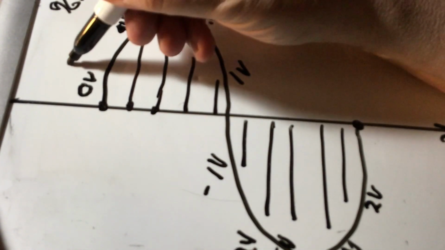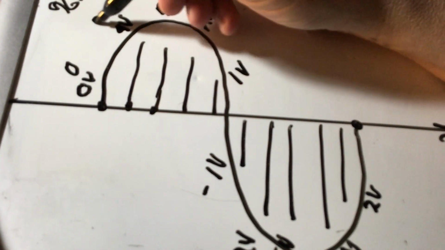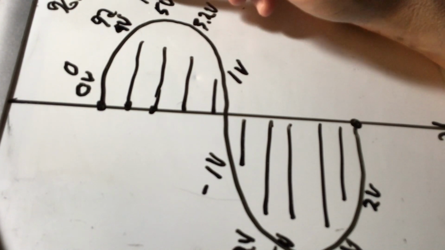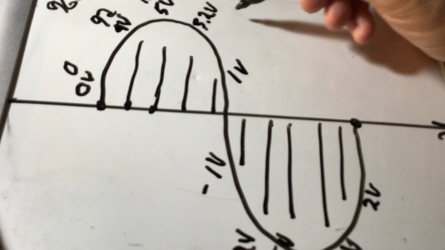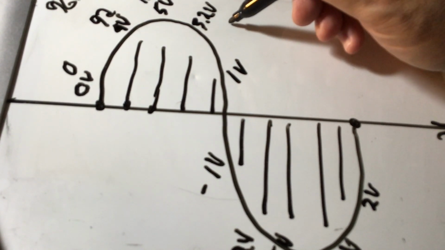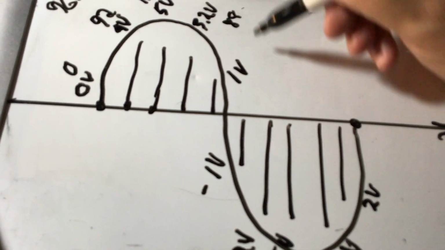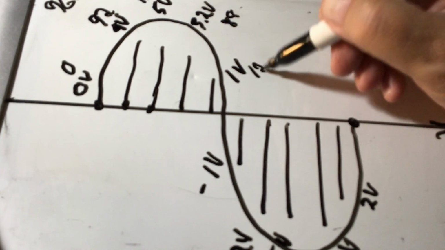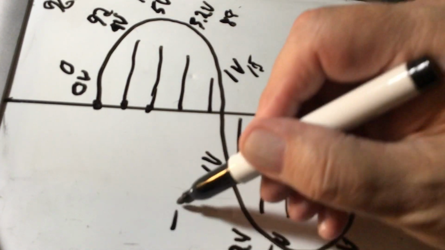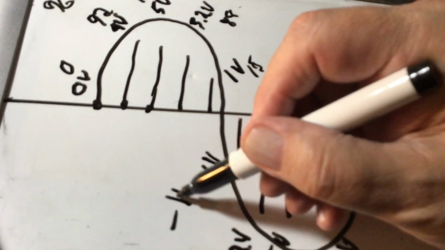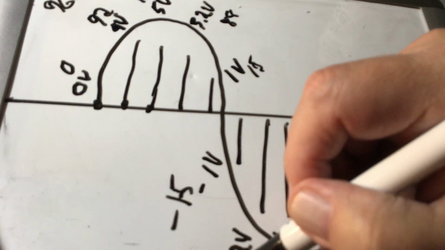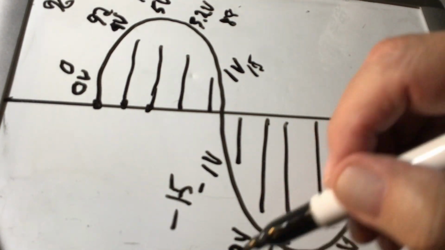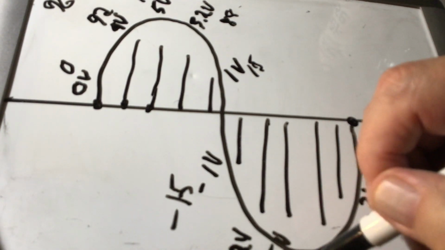So this might be the number 0, this might be the number 92, this might be the number 128, this might be the number 88, and this might be the number, I don't know, let's just throw a number out there, 15. These would be negative numbers, minus 15, minus 25, or that's maybe 95, minus 120.